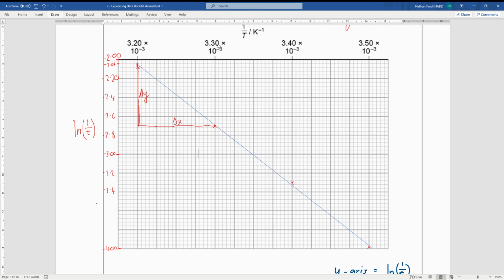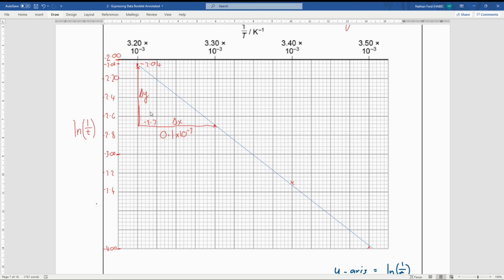So its change in x is its change from that to that, which is 0.1 times 10 to the negative 3. And its change in y is the change from here. So it starts at minus 2.04, and it gets to the middle value here, which is minus 2.7.